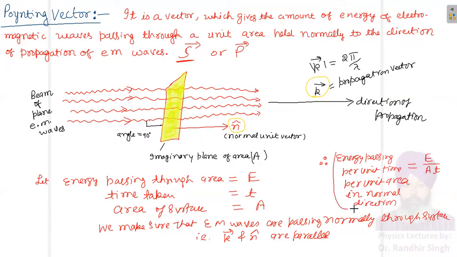So this is nothing but energy per unit area in a normal direction, it is E upon AT. It is nothing but intensity.